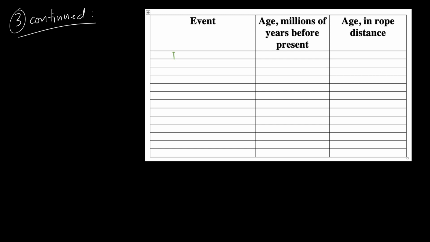So again, I have my banded iron formations form 3,800 million years ago, or millions of years before present, and it corresponds to 14.0 feet in my new time scale, that is in rope distance. So you're going to be doing this 13 times for all of your events. The first 10 should be the same, everyone is doing those, and the last 3 will of course be custom depending on which of those events that you chose.